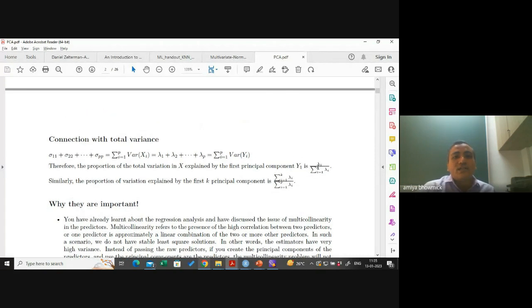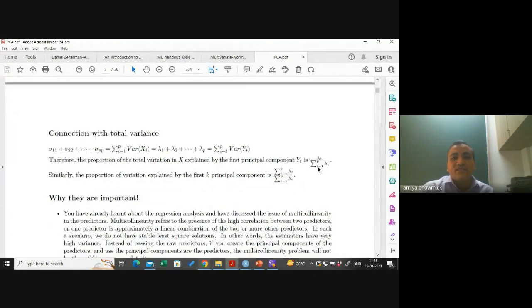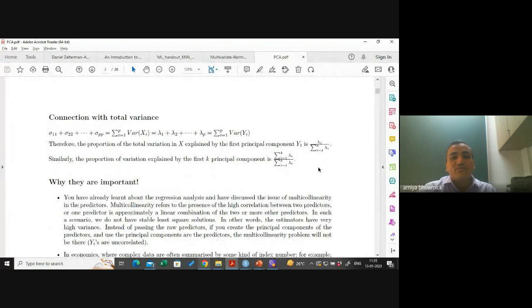Now, what is its connection with the total variance, with the eigenvalues and the principal components that we have learned? The total variance means the sum of the diagonal entries of the variance-covariance matrix, which is nothing but the sum of the variances of the original variables. And we know that the trace of a matrix is the sum of the eigenvalues.